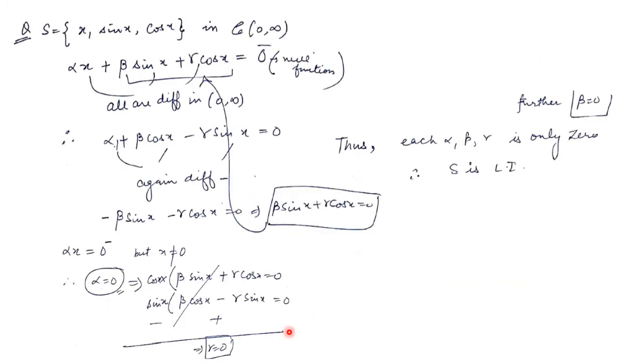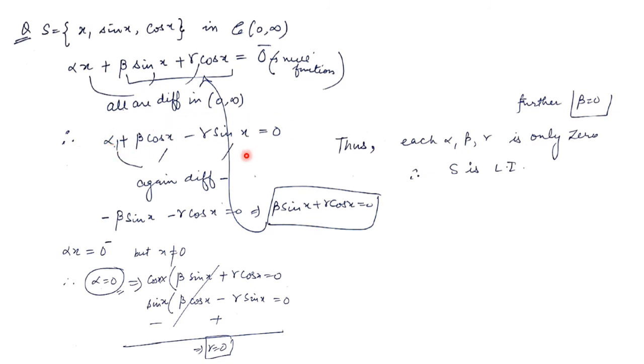One more example from the functions. So now just see, we are given a set of functions x, sin x, cos x. In this space, we have to check whether this set is LI or LD. Again, since we know that x, sin x and cos x are differentiable, right? So we can take the derivative on both sides.